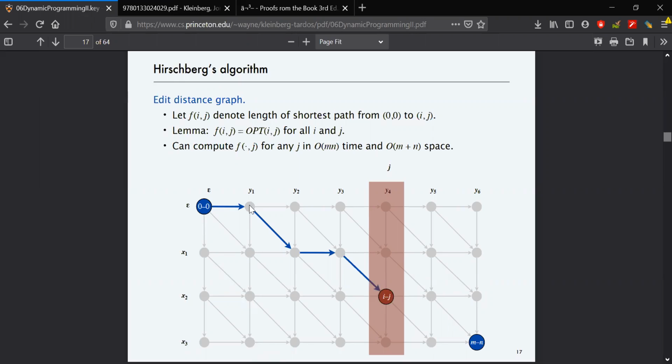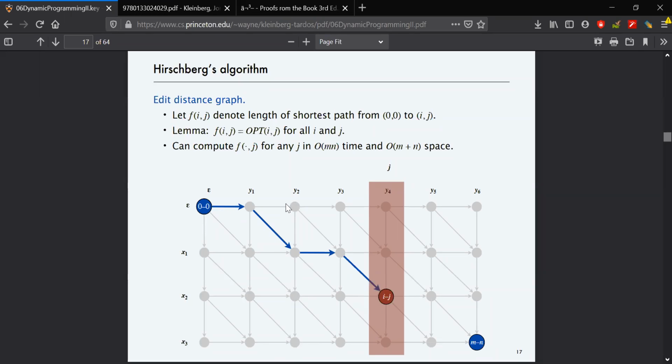After I know this value is already known, I can fill this value. Then I look at this value I just filled, these two were already given to me, so I can fill this value. And similarly, I can fill this value. So I can fill this entire column, right? Let's move to the next column. Now, do I need to store the first column in order to fill this column?